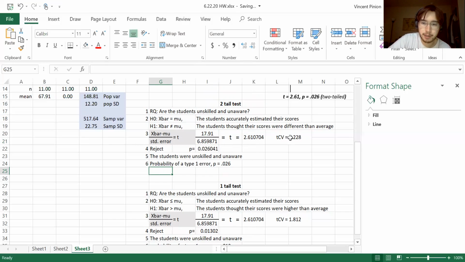However, the t critical value is different. And you get that t critical value by looking in the book. It's on page 702.